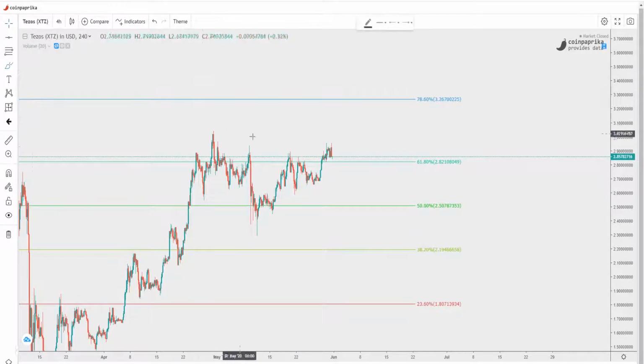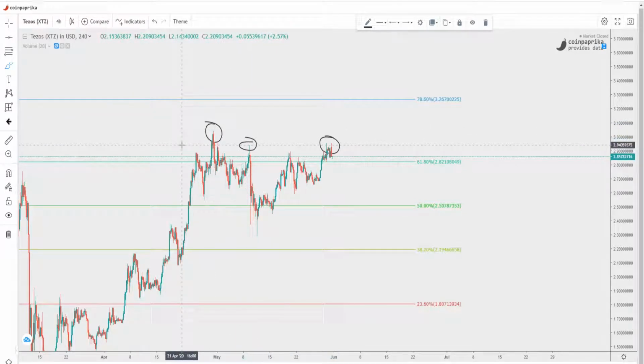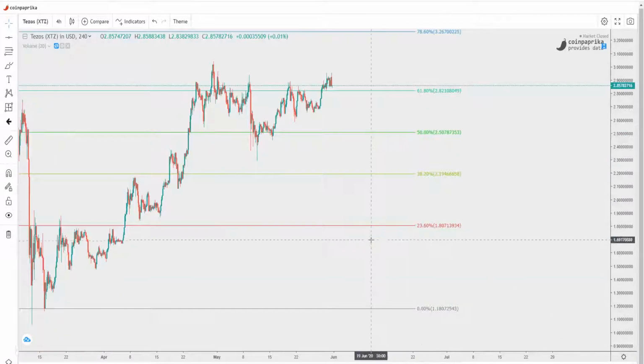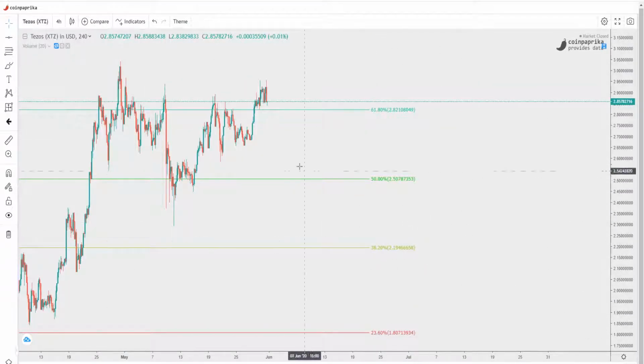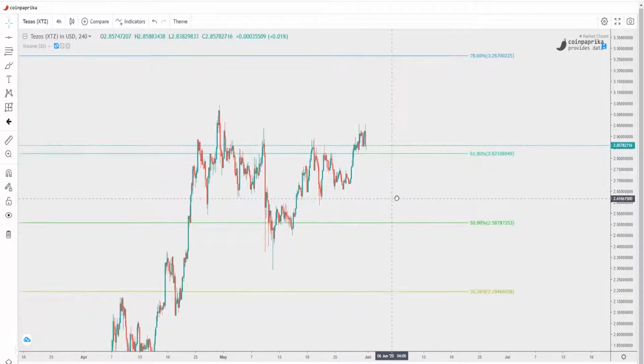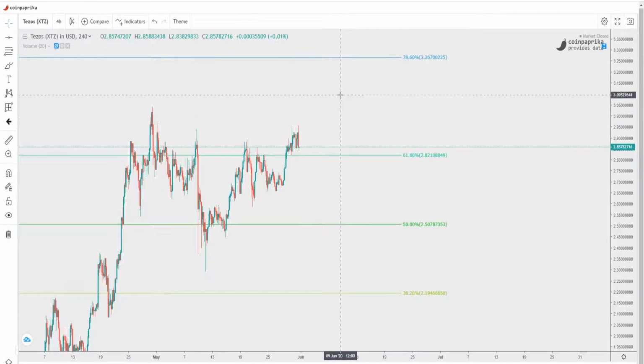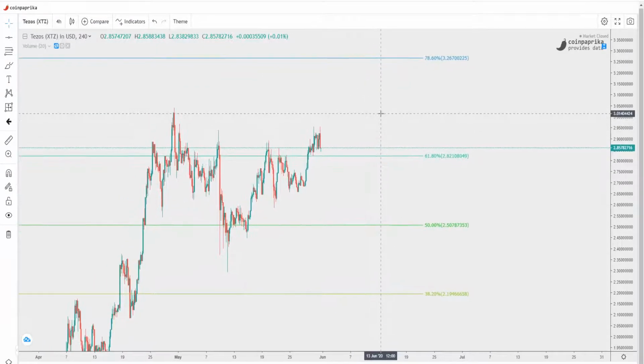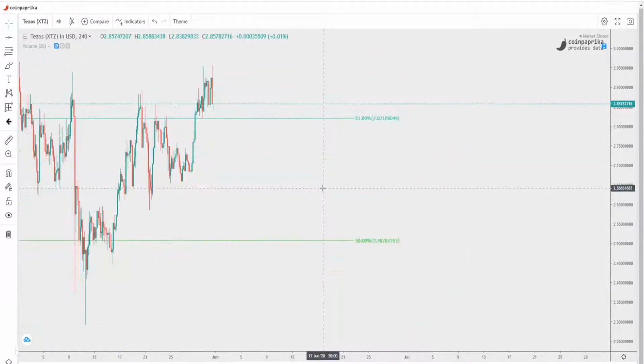We still have a lower high against the previous one, and we had seller's pressure here. Let's take a closer look. So, I believe I have to look closer.